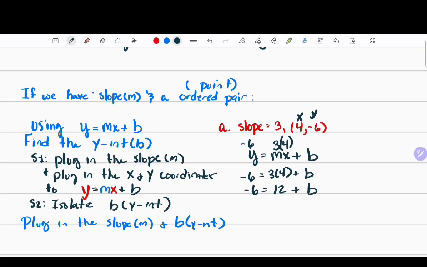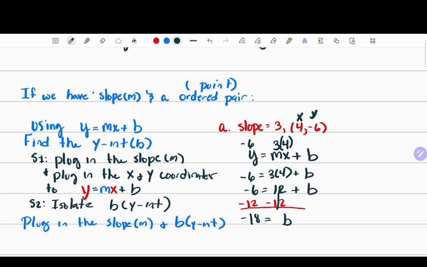Now we can move some stuff. Because we are trying to move everything away from b, we need to move this positive 12. We're going to move a constant term by adding the opposite. So the opposite of 12 is -12. And we end with -18 is equal to the 12s cancel out, and we have b.